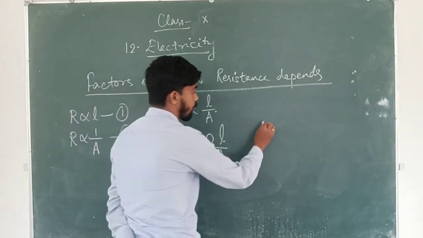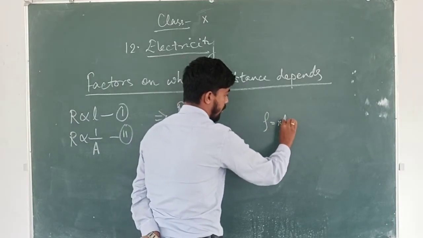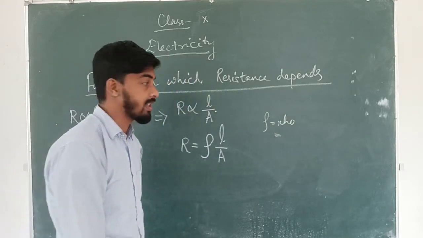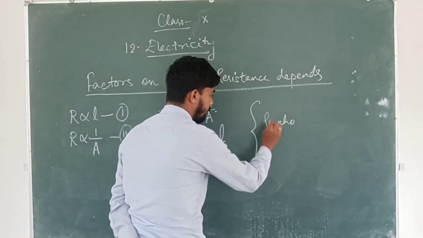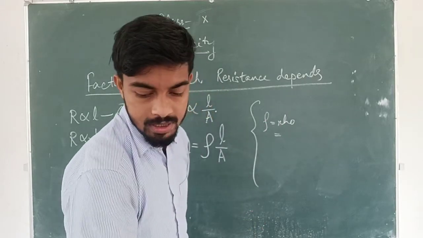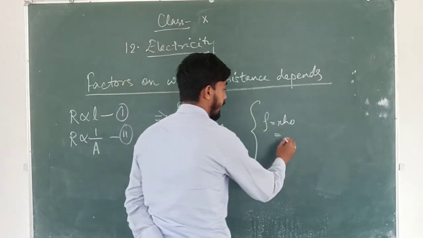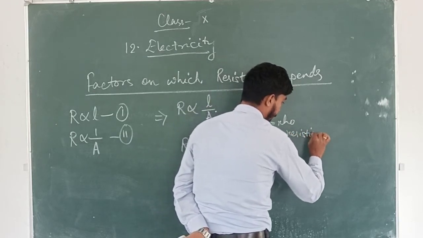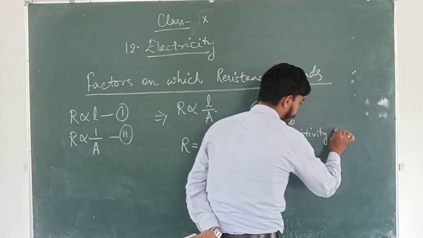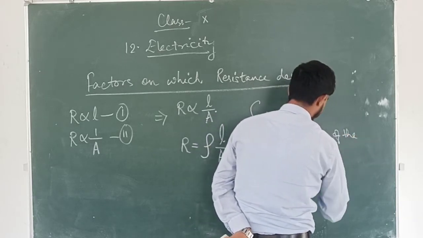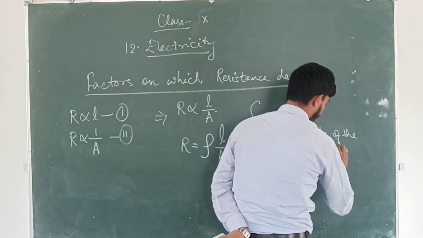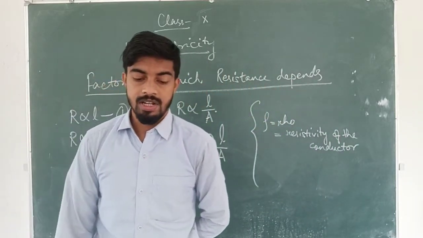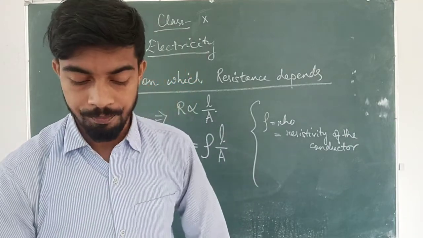This term, rho, is the electrical resistivity, or directly we can say resistivity of the conductor. Rho is the resistivity or electrical resistivity of the conductor.